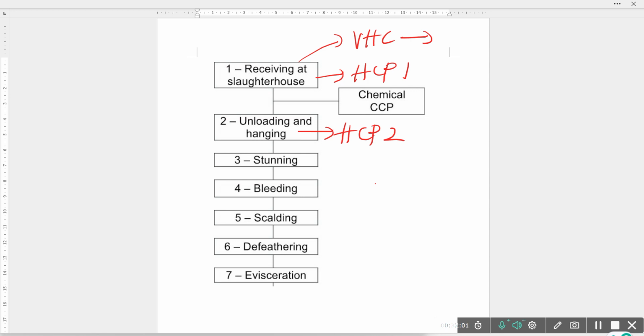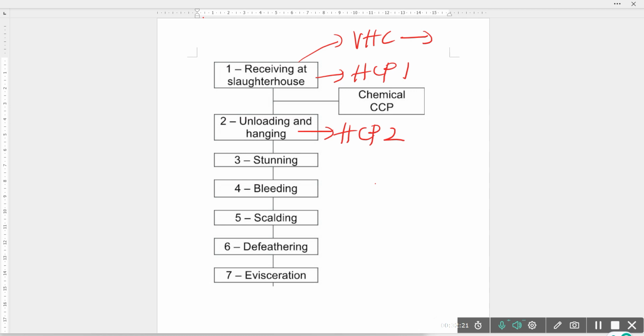Alright, so because of that, this step, unloading and hanging ni pun boleh jadi halal control point. Because there are possibility your product, chicken itself can be haram. Alright? Then, we move to next step, which is stunning.